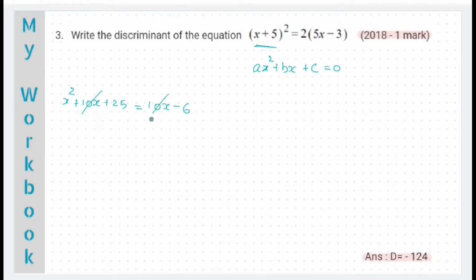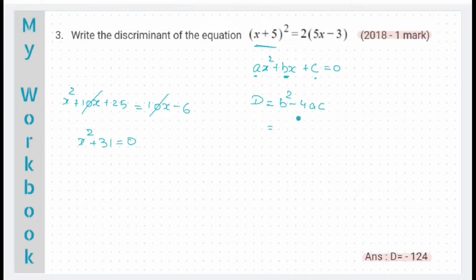Both the 10x will get cancelled. You will have x square plus 31 is equal to 0. Now we observe that there is no x term, so b is 0. A is 1 coefficient of x square and the constant c is 31. We need to find the discriminant. It is b square minus 4ac.